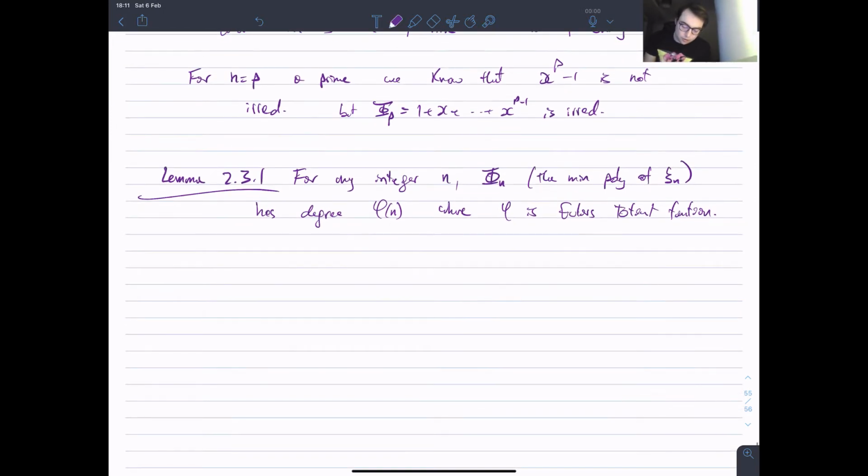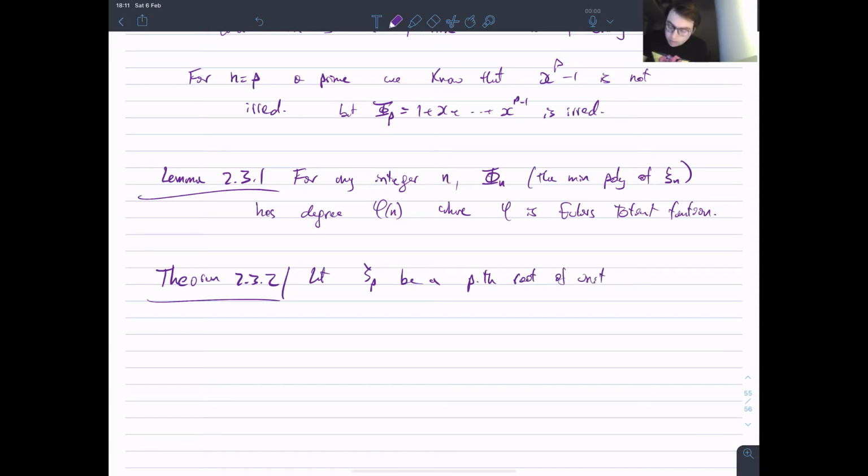And here's a theorem which tells us a lot about what these number fields look like. Theorem 2.3.2. Let zeta_p be a pth root of unity. When I put p, I always mean a prime. But maybe I'll be careful here: a pth root of unity for p an odd prime.